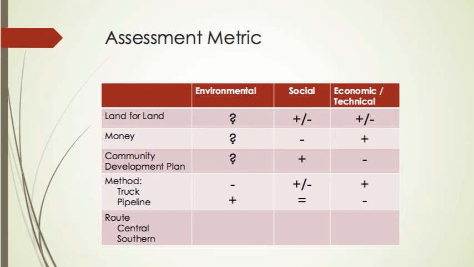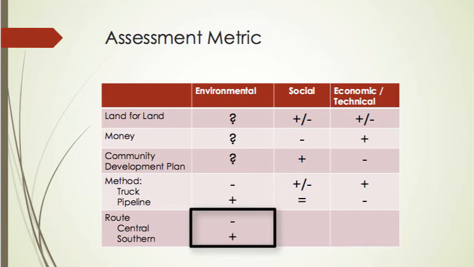What are the trade-offs between the routes? Environmentally, which one is better? Possibly the southern route because it doesn't run through the bioreserve. So I'll go ahead and put a plus sign there under the southern route and a negative under the central route.